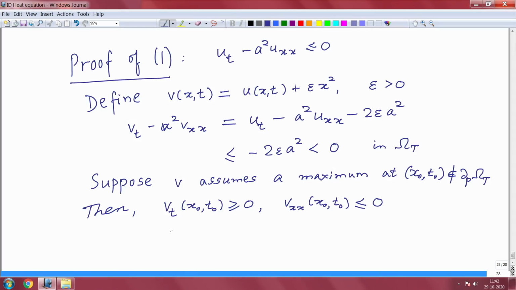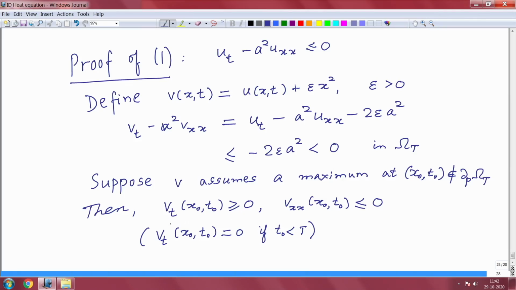Let me just make that point separately. v t at x0 t0 is 0 if t0 is less than t, but if this point lies on the blue line, that means t0 equal to t, then we can only claim this is bigger than or equal to 0. Okay. That is enough for us.